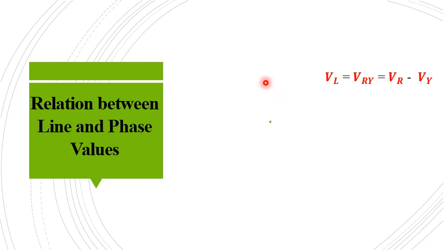While drawing the phasor diagram, the R phase is taken as the reference phasor. So this is the phasor representation of VR voltage. Then 120 degrees lagging, we draw the VY voltage, and 120 degrees away from VY, we have the VB voltage.